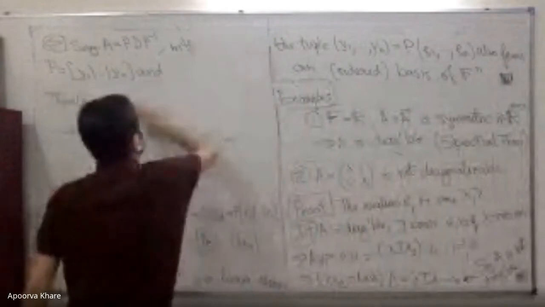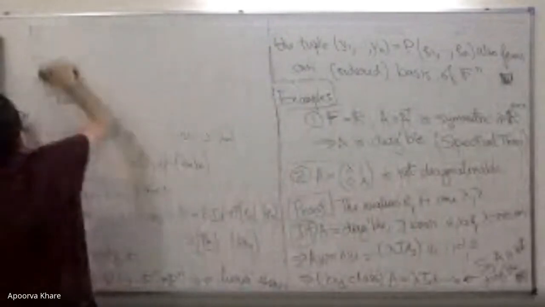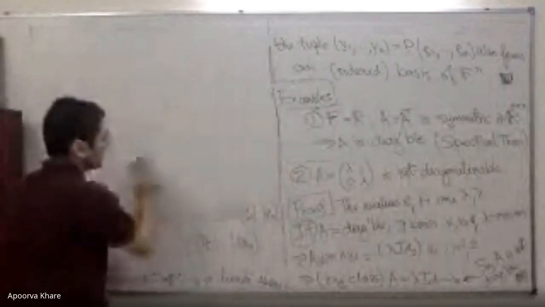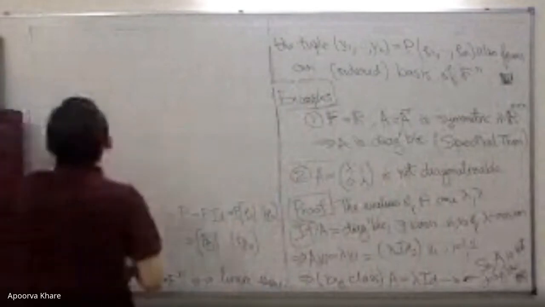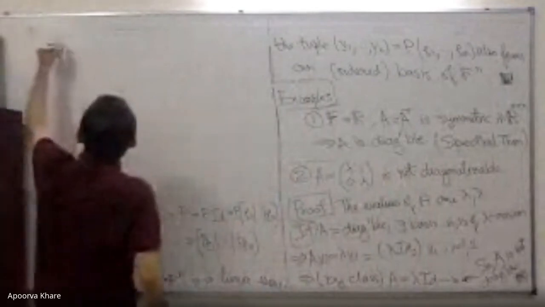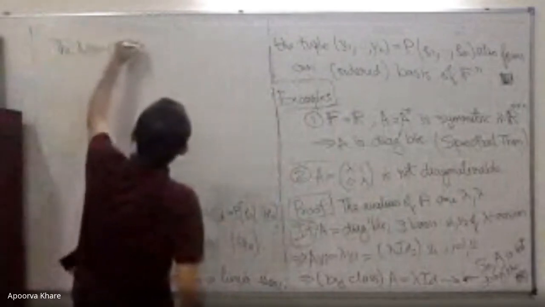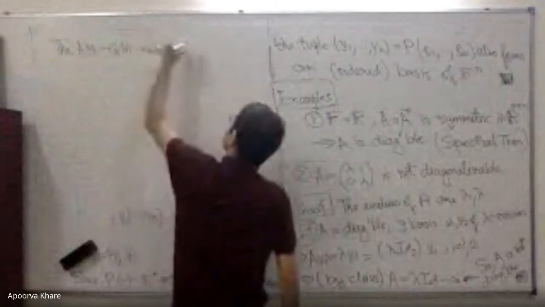But let me just remind you of the algebraic and geometric multiplicities. So the AM-GM inequality, now for linear algebra. I will state the theorem and remind you what AM and GM are in linear algebra.